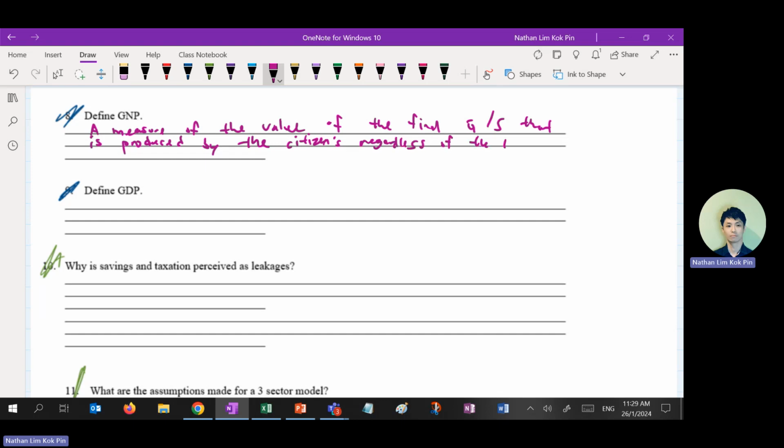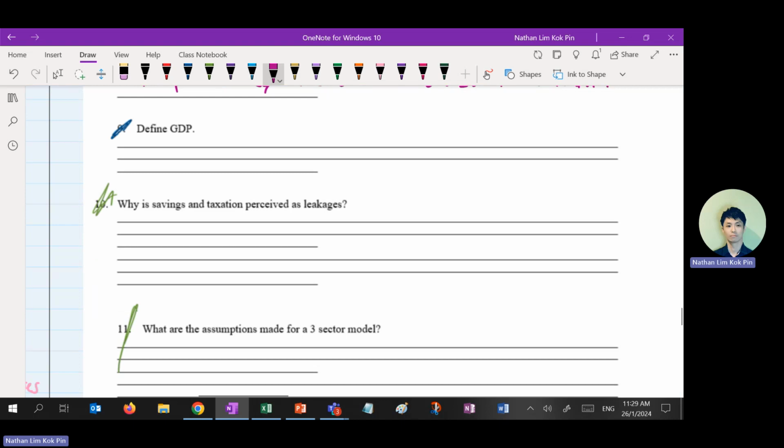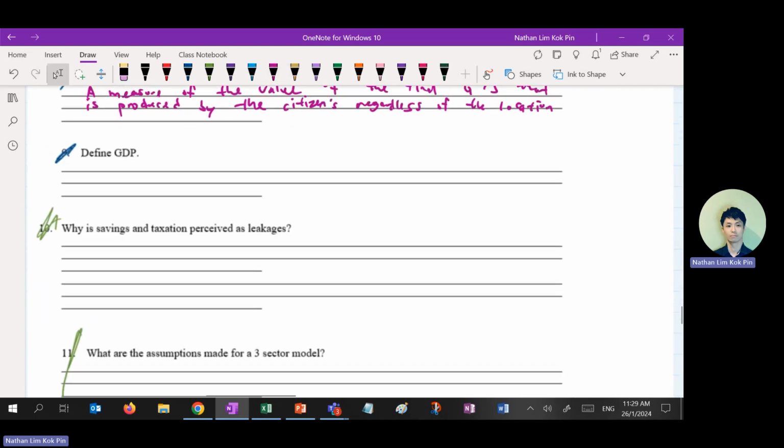If this is inside a test, what keyword do I want to see? I want to see final, I want to see citizens, I want to see regardless of location. Makes sense. GDP? What's the GDP?